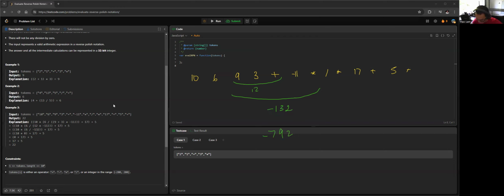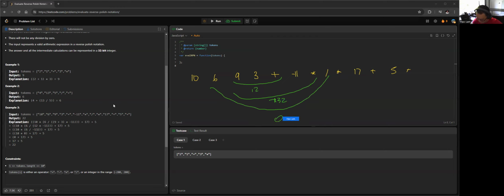Oh sorry, it is not multiply. My bad drawing. So this is like this, and this is the six. It's between that, and then it is negative 132, and the six is the divide. So we have 6 divided by negative 132, which truncates to 0.